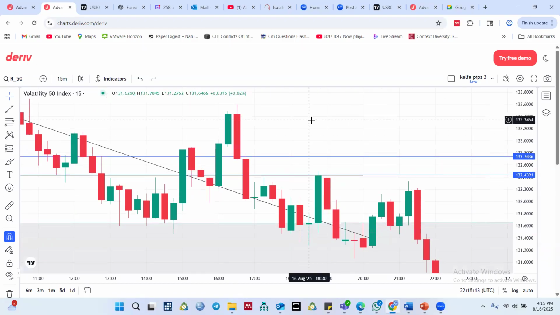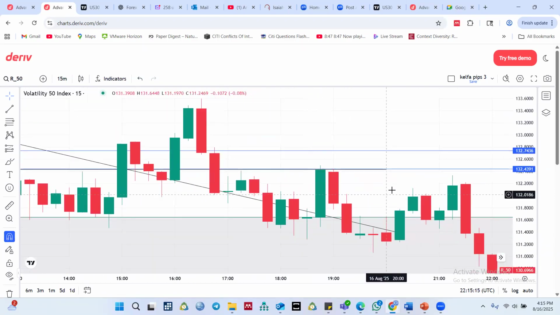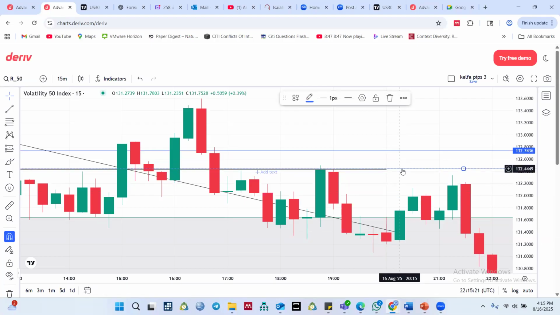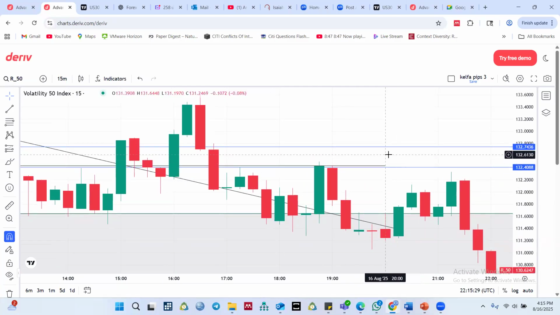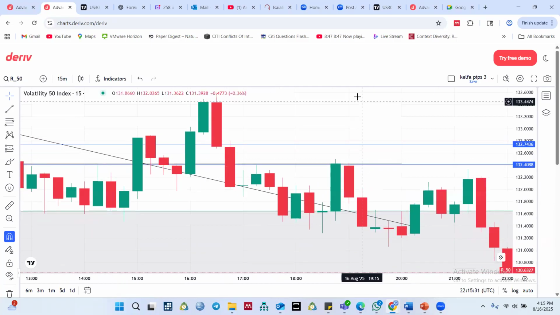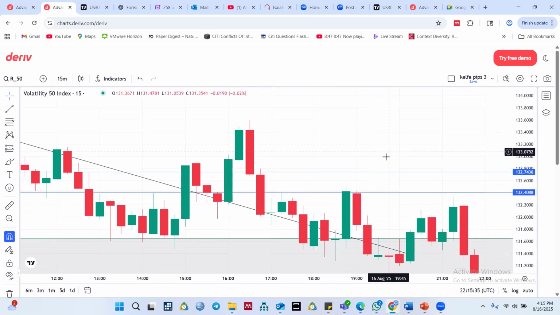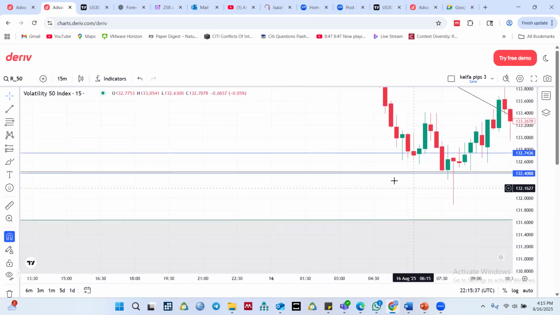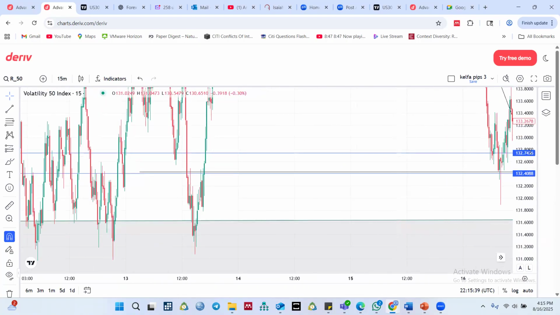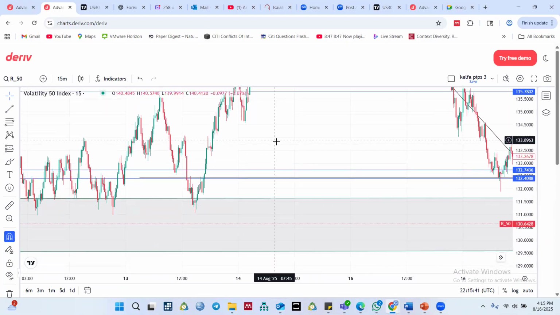You see, this is the first line here, and then I put this line there. That's the area where if price is to close above it, then we are going to go bullish. Because from the past, anytime we are above that area, price doesn't come down again.